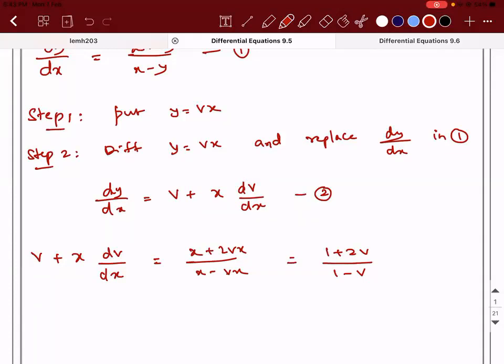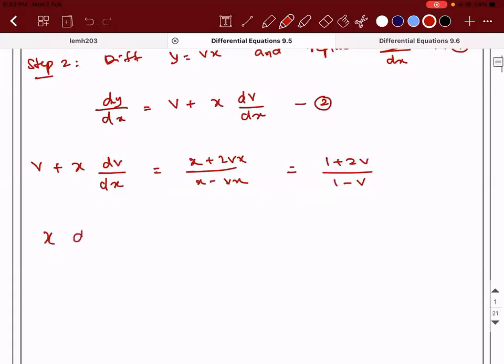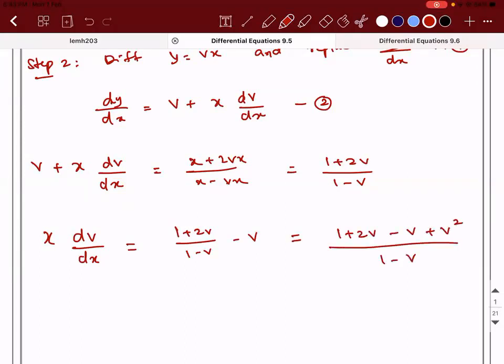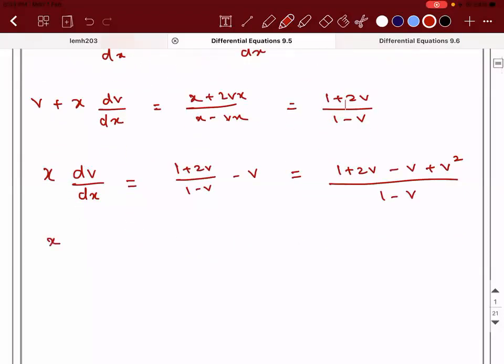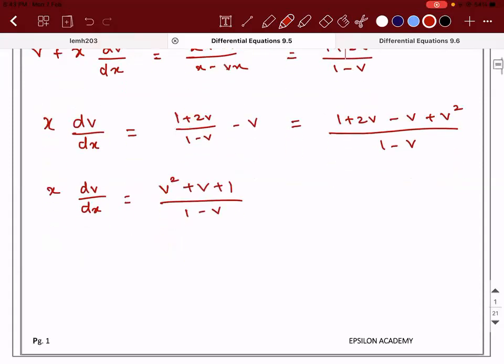Right. Now what we need to do is x into dv by dx is equal to 1 plus 2v by 1 minus v, minus v. So 1 plus 2v minus v plus v square, the whole divided by 1 minus v. So x into dv by dx is equal to v square plus v plus 1 divided by 1 minus v.